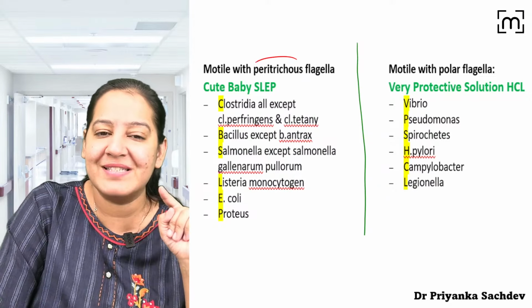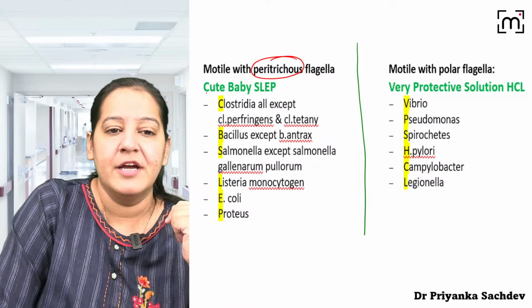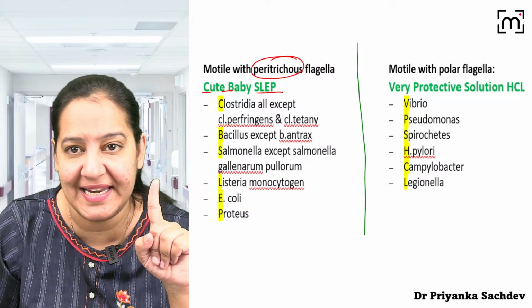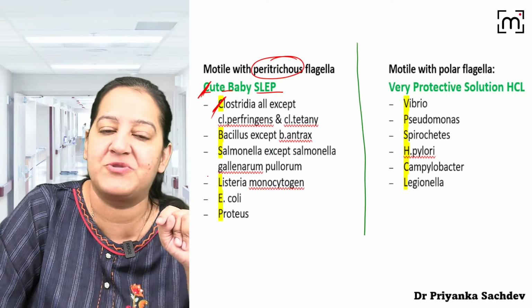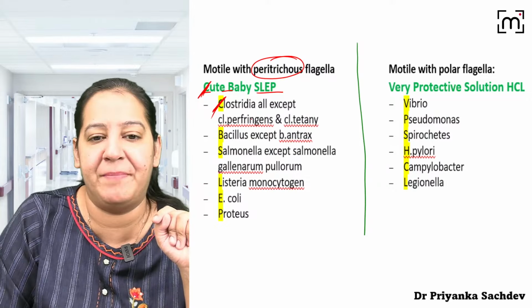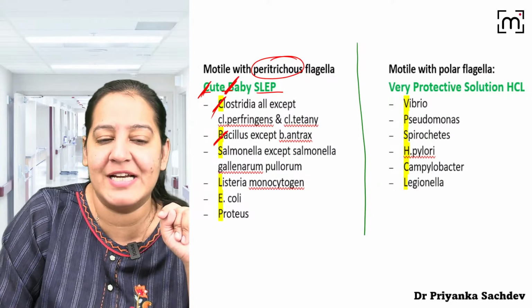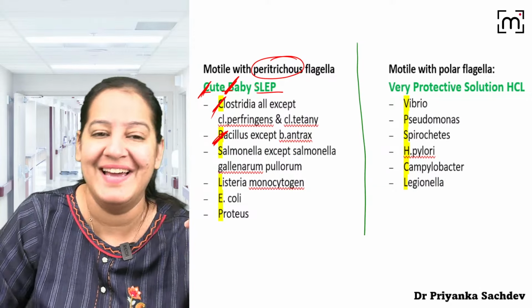So let me first talk about peritrichous. Flagella are everywhere. Okay? Cute, baby, sleep. Sleep has only one E, SLEP, not double E. So the C in cute stands for Clostridia. All Clostridia except Perfringens and Tetani. Right? The B in baby stands for Bacillus. All Bacillus except the main one, Bacillus anthracis.